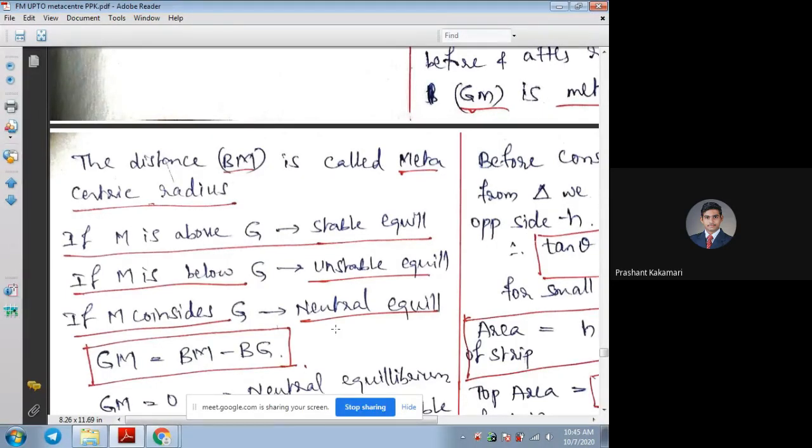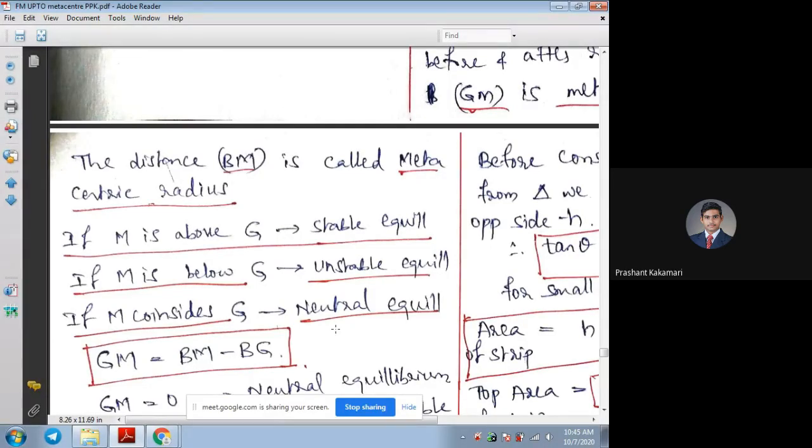At what fixed point it is going to tilt, that point should be above the center of gravity. If that metacentric point is above G, then the body is stable. It cannot fall down, or sink, or be in a neutral position. It will come back to its original position after any type of couple applied. That equilibrium we need.